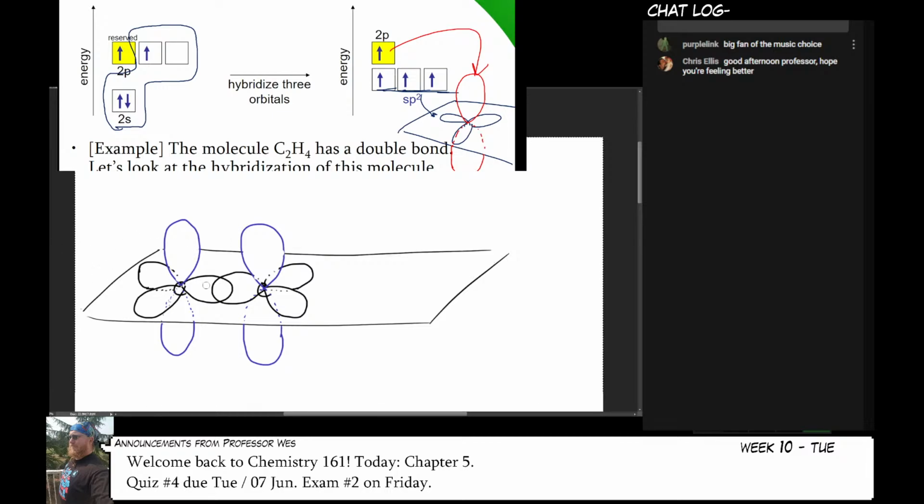So we've got an overlap here. Let's put all our electrons in here. For the carbon on the left, that would look like this. For the carbon on the right, I'd go 1, 2, 3, 4.